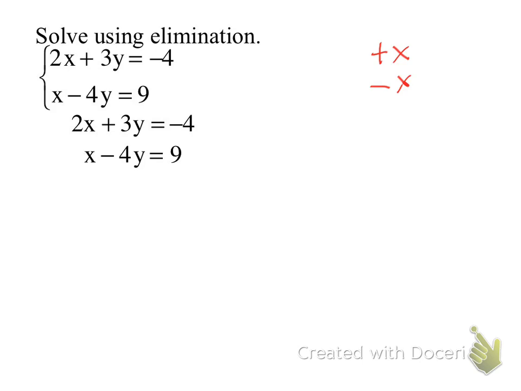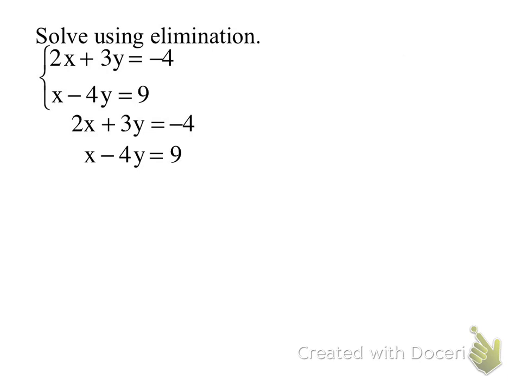You call it the inverse operation? No? Yep. Additive inverse. I'm adding the opposite. Additive inverse. So I need to manipulate one of the equations so that I have an additive inverse.